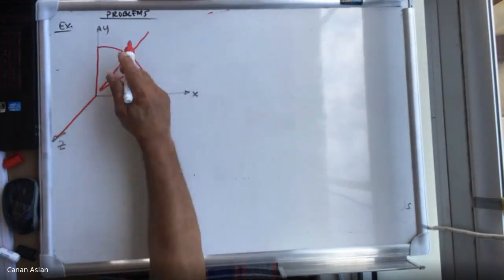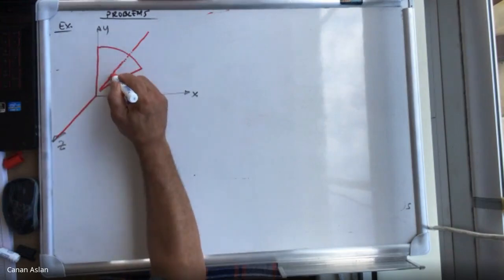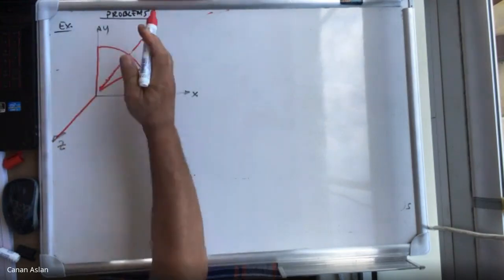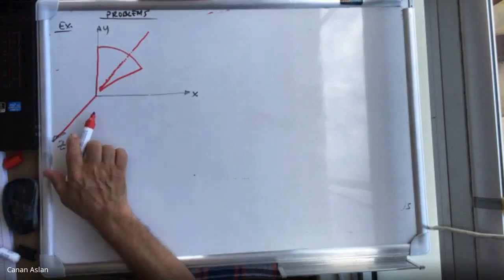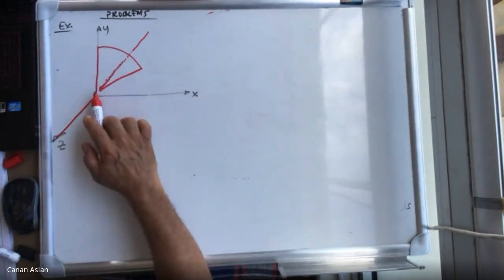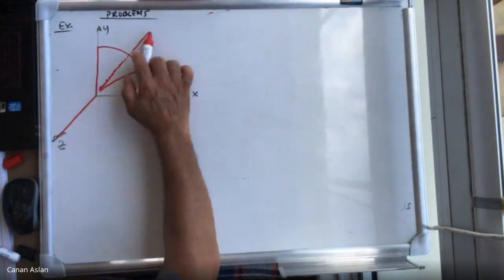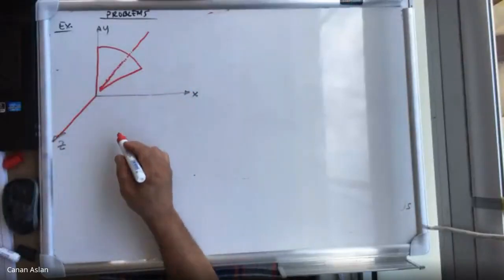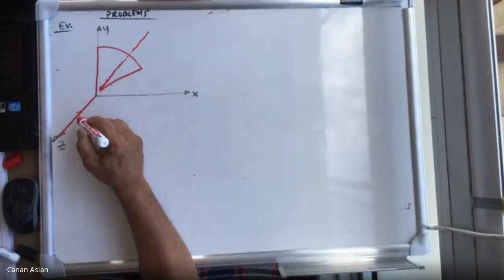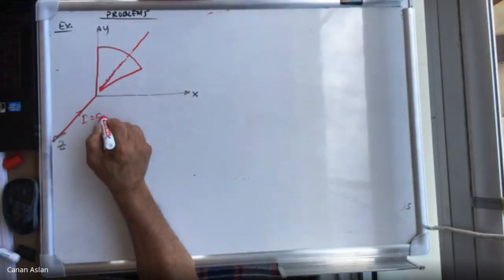So let's put this like dotted so that we know that it's backward. As you see, the wire just goes there, rotates and goes back almost to the origin and then continues in Z direction. And the current is given as 5 amperes.